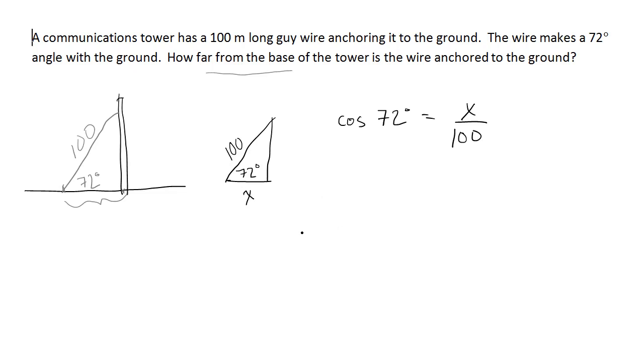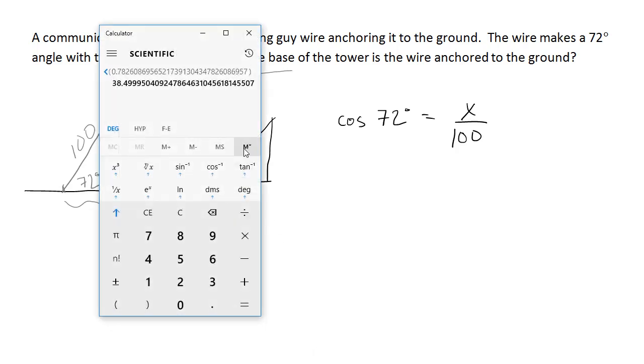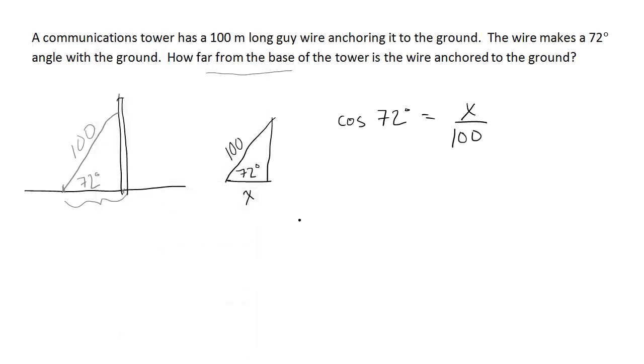And now we can just solve it like we have been solving all the other problems. So cosine of 72 degrees. Cosine of 72 degrees is 0.3090. And that's equal to adjacent over hypotenuse.